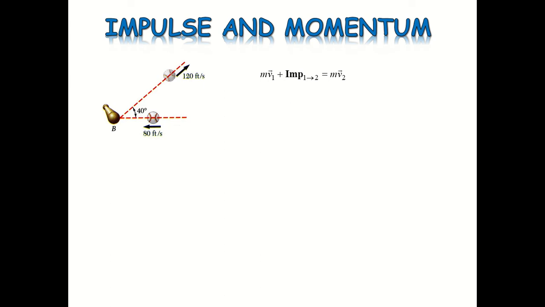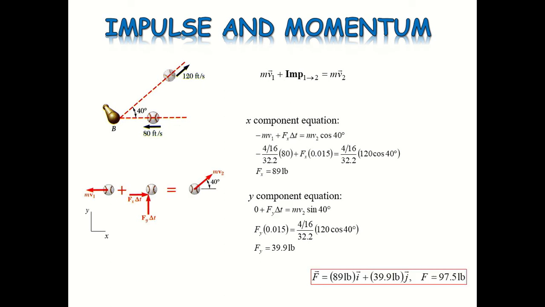To help you understand vectors, let us just recall what we had in mechanics, impulse and momentum. We have a scenario here where force is something like this. You solve for the x component, then the y component. This is the force along the x-axis, the x component, and this is the force along the y-axis, the vertical component.